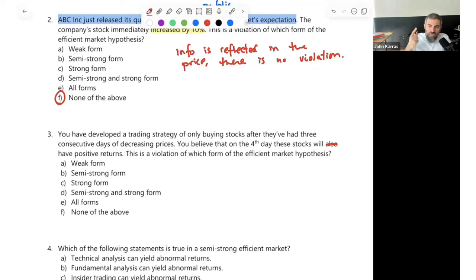Are we looking at historical price information, public or private information? Think about it. Look at your strategy. What type of information is your strategy using?